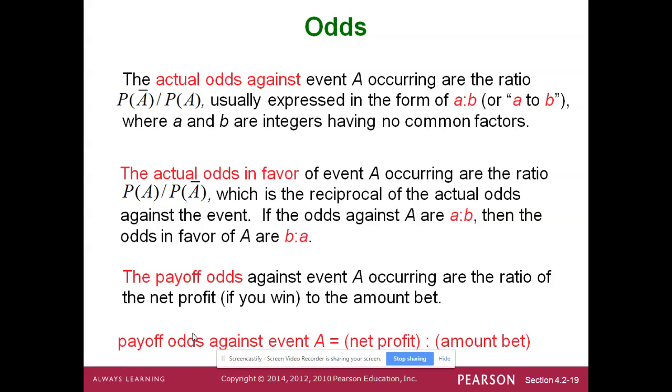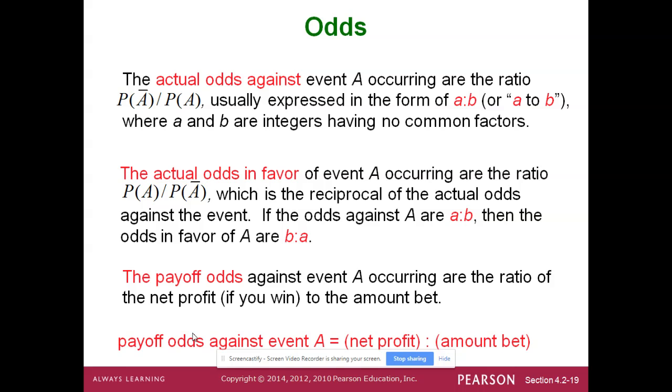So payoff odds against an event are net profit over amount bet. We're going to see an example of this to start making it make sense.